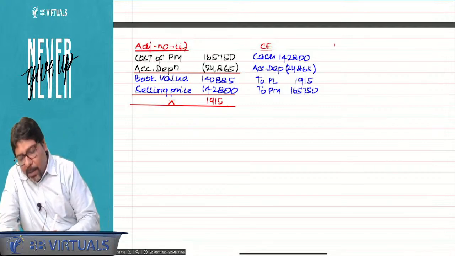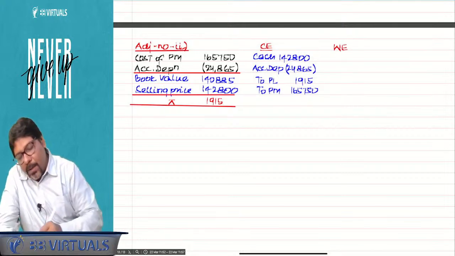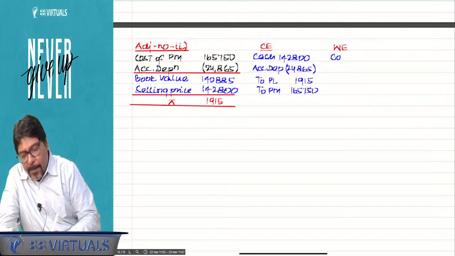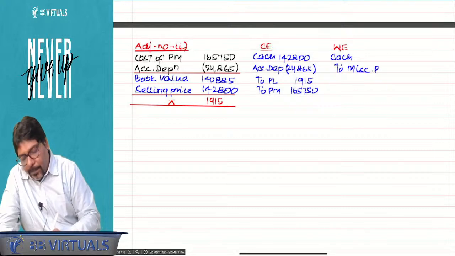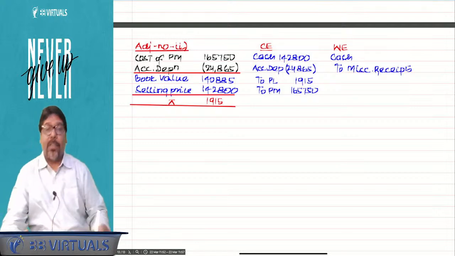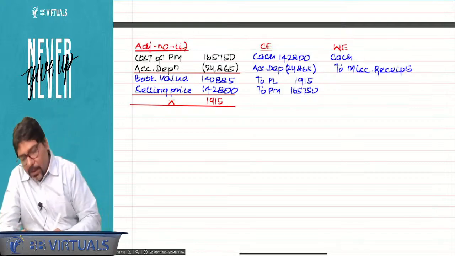But I have passed one wrong entry. What is the wrong entry I have passed? I have passed the wrong entry as cash to miscellaneous receipts, 142,800. Sir, how do you know you have passed this entry?